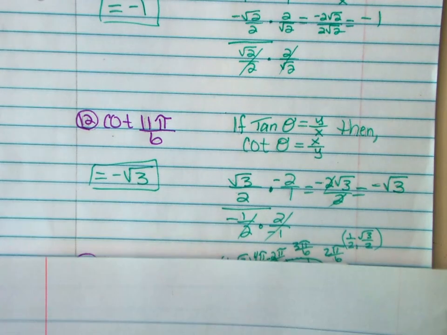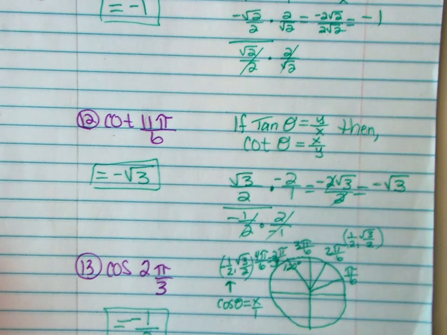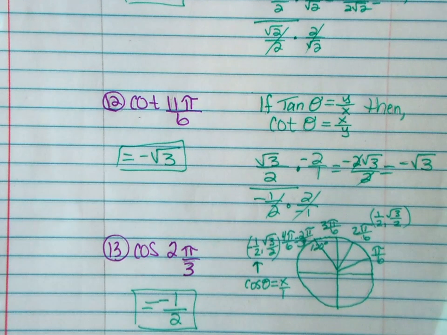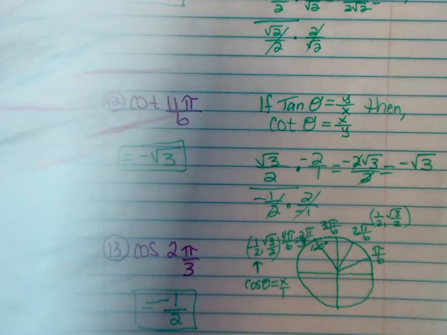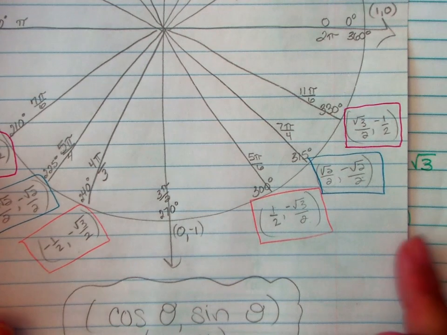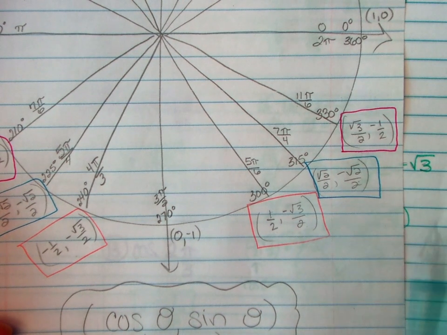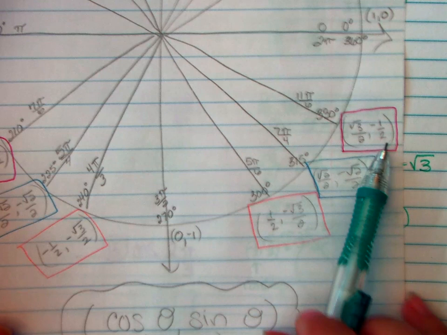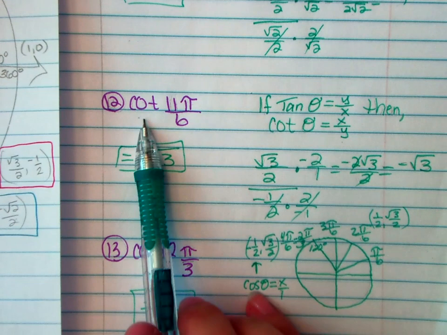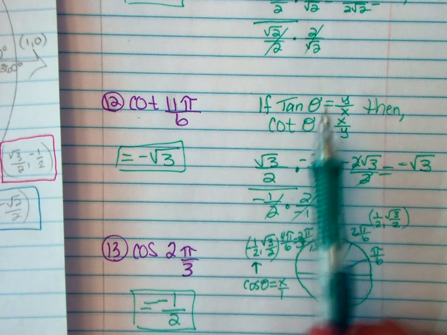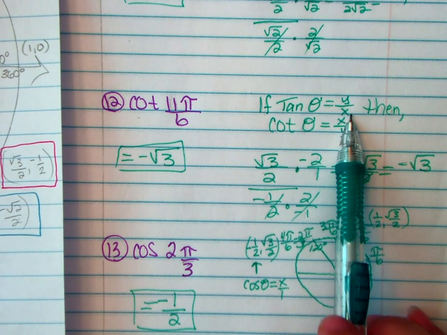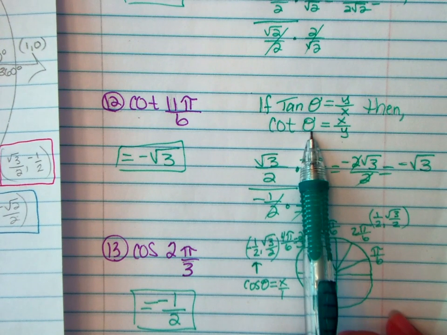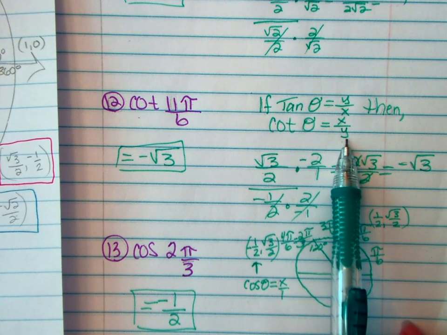Number 12, it says, what is the cotangent of 11 pi over 6? Again, we have to go find on our unit circle where 11 pi over 6 is. Here it is, and I have my x and my y. It wants cotangent. If tangent is y over x, cotangent is the reciprocal, which is x over y.